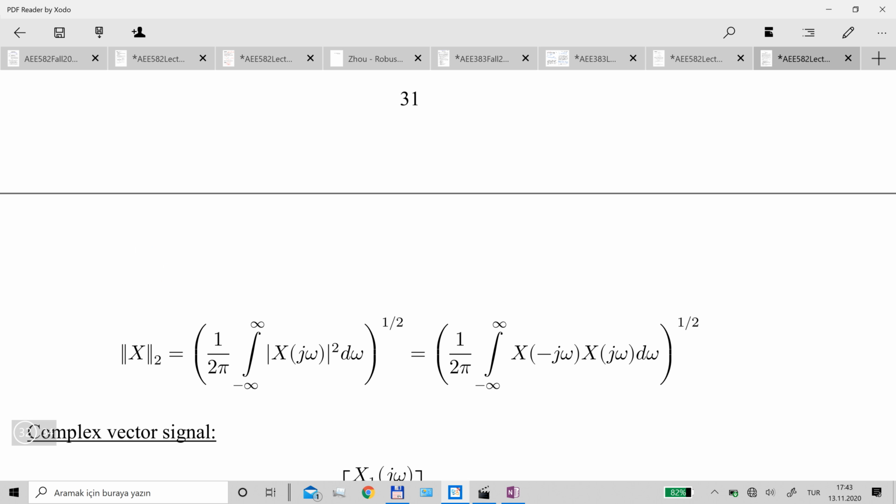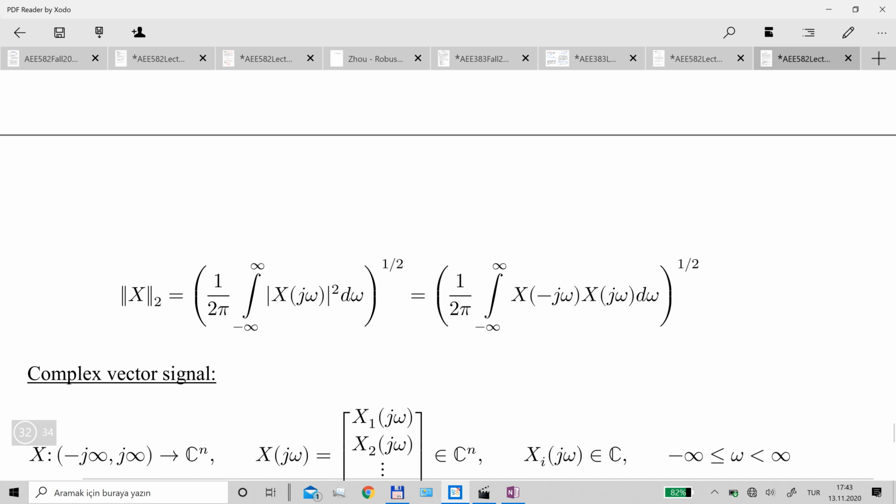So anyway, the integration for the two norm becomes, as you see here, in the case of a real signal, taking the square of every term or the signal at a given time instant was not different than taking the square of the absolute value. But for the case of a complex signal, we need to maintain this absolute value sign, because now you have a complex number, right?